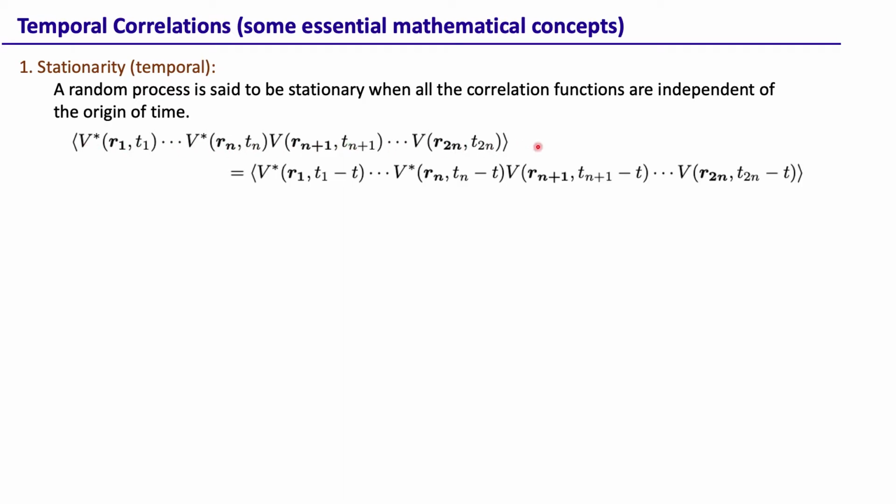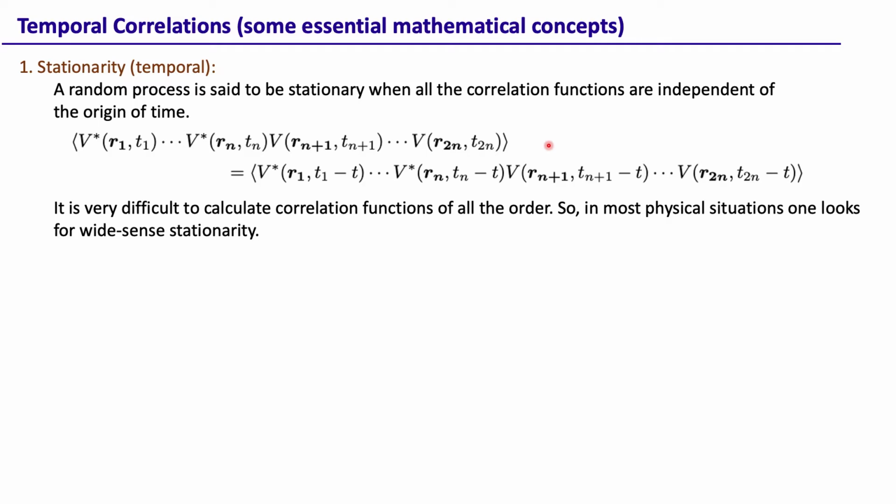So for this function to be independent of the origin of time, what we need is that this is equal to this. And what is this? This is just this correlation function, but translated in time. So instead of t1, it's t1 minus T, and tn minus T. Instead of tn+1, it's tn+1 minus T, and so on. Just shifting the origin of time doesn't change the correlation. If that happens, then the process is said to be stationary.